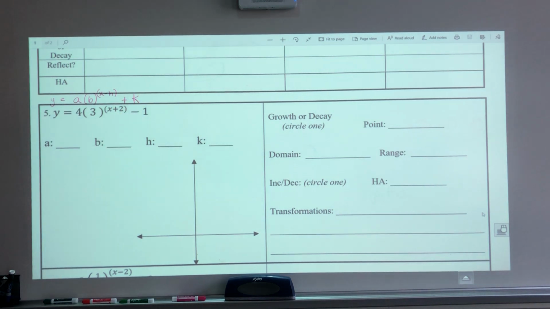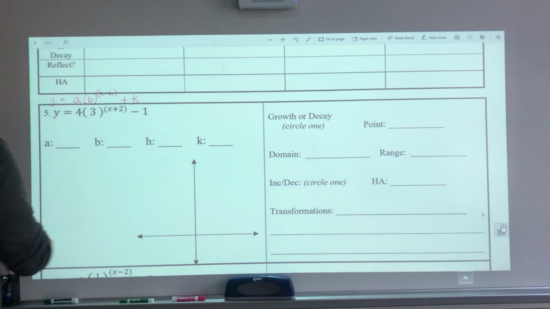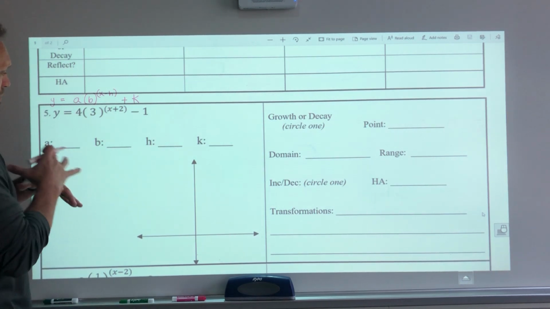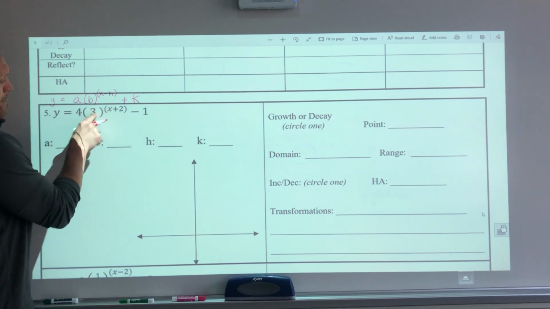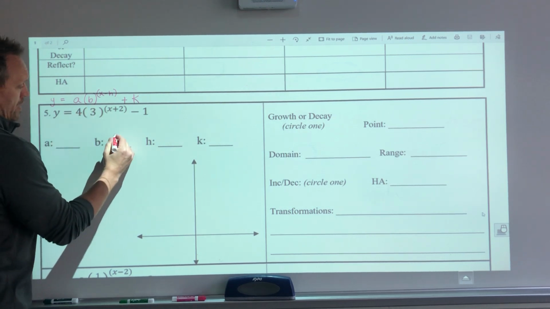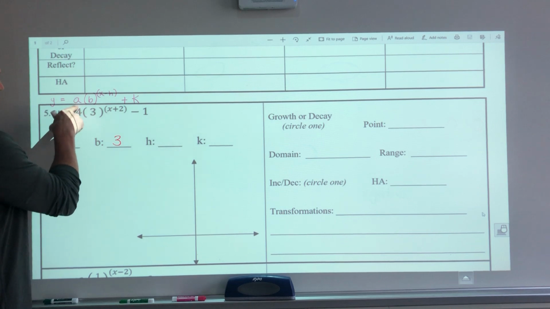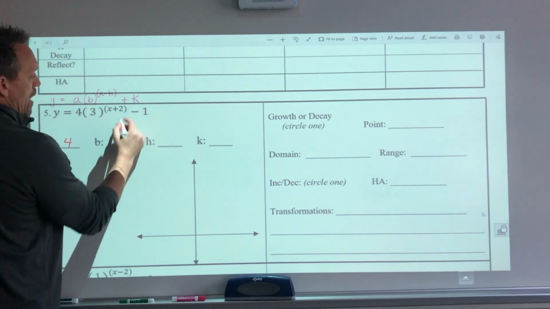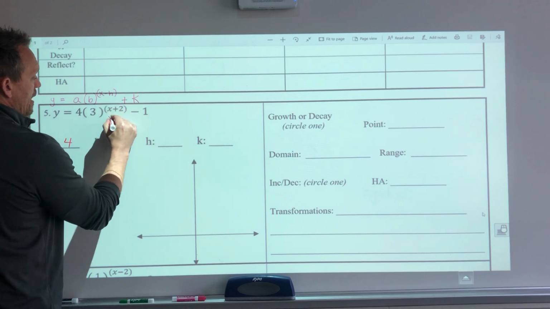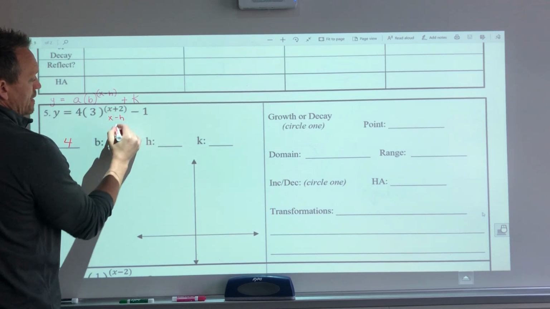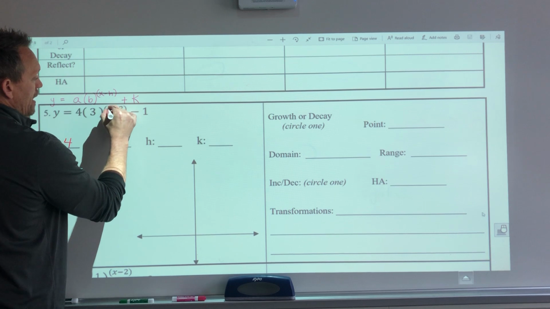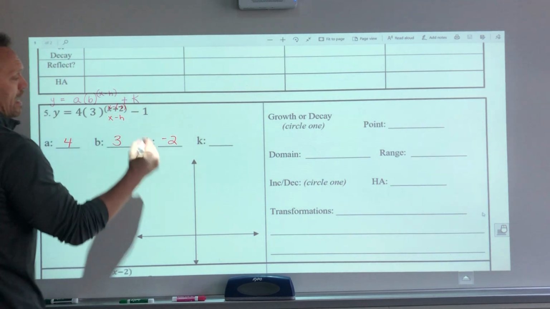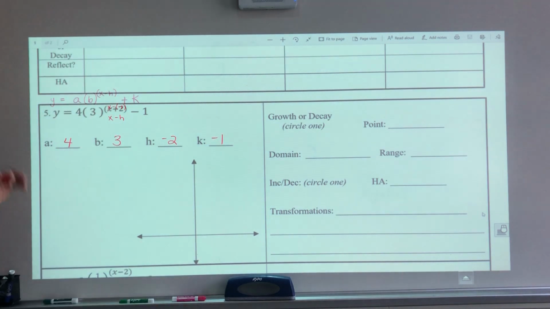That's our baseline function. If we look in those terms, our b, unlike with the logarithms, really has a play in all of this. So our b is 3. Our a is 4. Our h: it's x minus h, so this would have to be x minus -2. So our h is -2. And our k is -1.